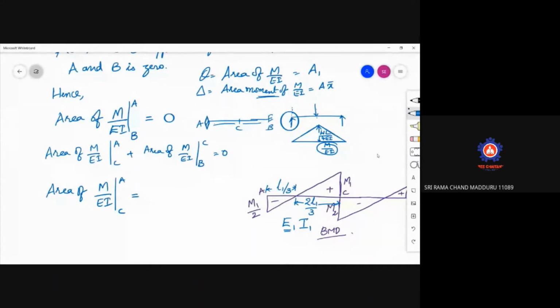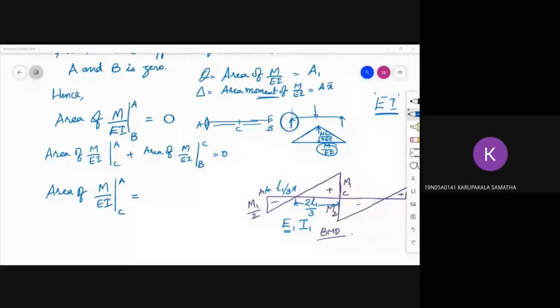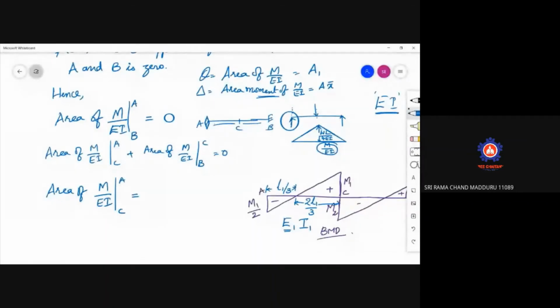Just remember once again, what is the term EI called? Can anyone of you tell me this? Flexural rigidity. Yes. So EI is called flexural rigidity, which means the strength.